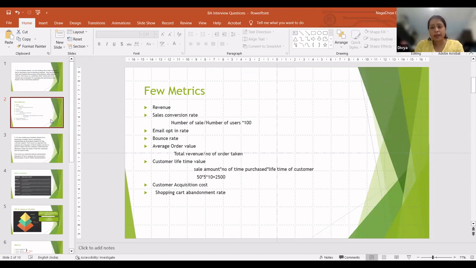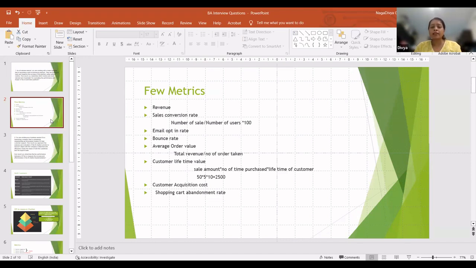Okay, 1,000 divided by 100, per customer you have spent 10 rupees. In the same way for email marketing, you have spent 100 rupees and you have acquired 10 customers, and per customer the spend is 10 rupees.